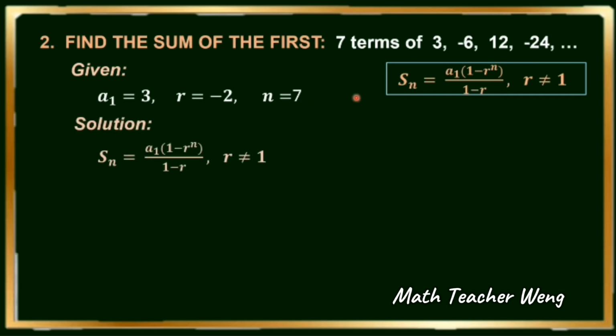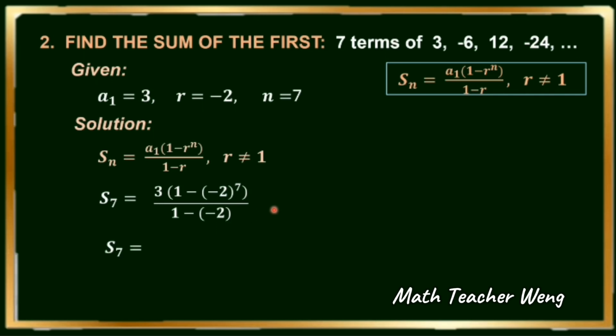Substituting into our formula, S sub 7 is equal to A sub 1, 3, times the quantity 1 minus r, negative 2, raised to the 7. Now, our negative 2 must be placed inside parentheses. That is very important because it's negative. If we don't place negative 2 inside parentheses, there is a big chance that it will affect our answer. Then, all over 1 minus r, that is 1 minus negative 2.